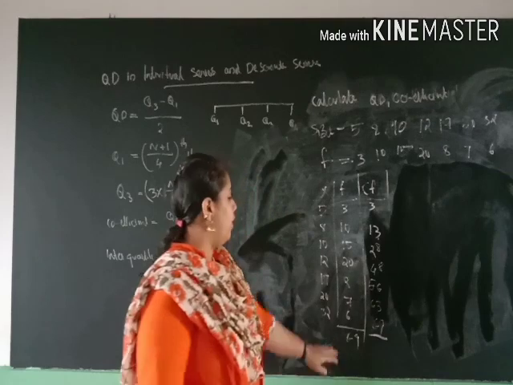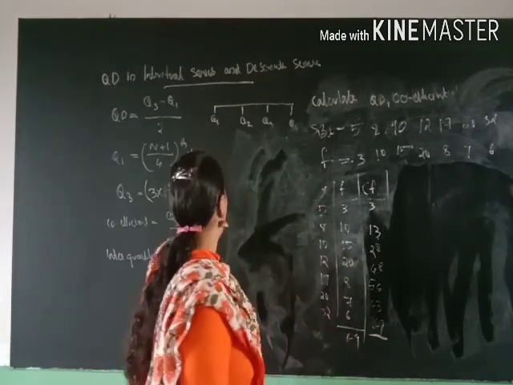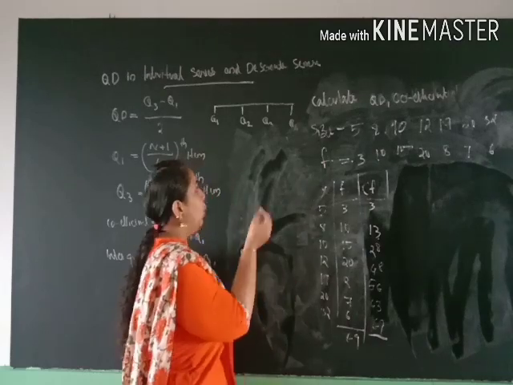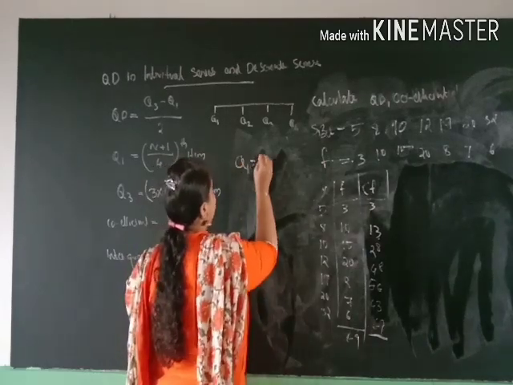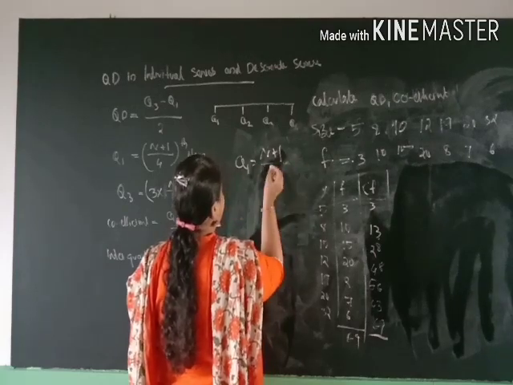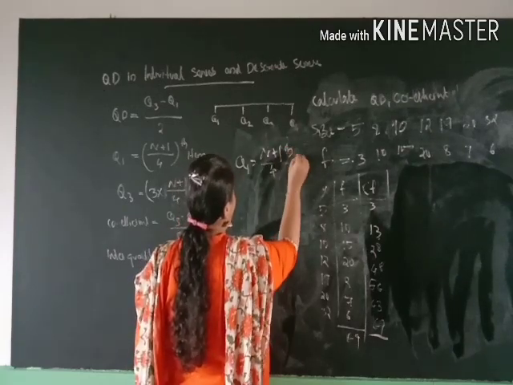Then, we want to follow the equation. First, we want to calculate Q1. Q1 equals (n plus 1) by 4th item.